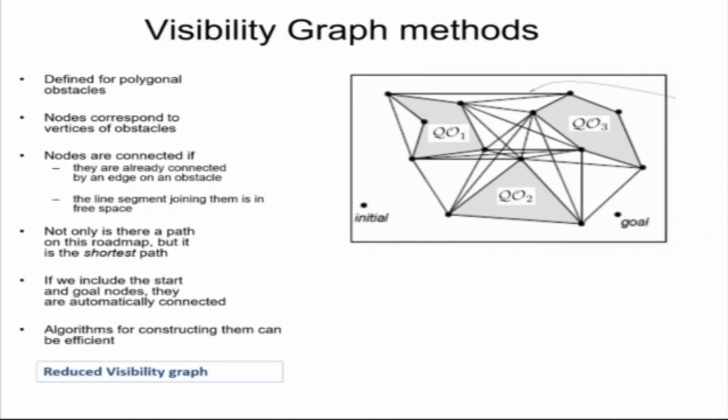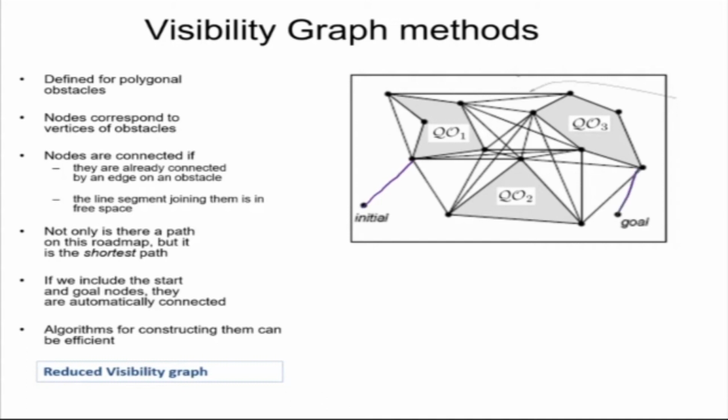And from roadmap methods, what we get is the best path, which will take you from the initial point to the goal point, right? Now there are other methods also, like visibility graph, which is also a roadmap method, in which we generate a set of pathways, and then we find the connection between the initial point and the network of paths, or the goal point and the network of paths.